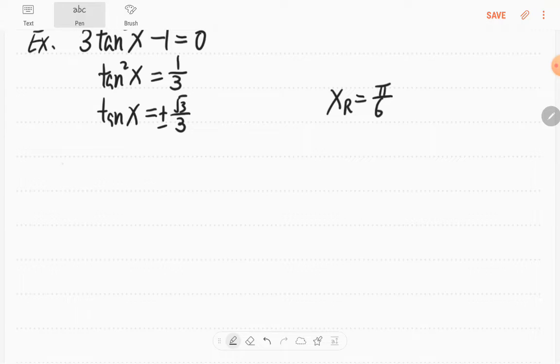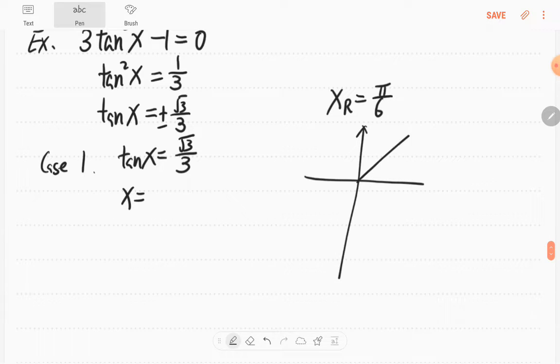So now let's look at the different cases. Case 1, tangent x equals square root 3 over 3. For this case, we just need to find one angle. So we can say x equals pi over 6.